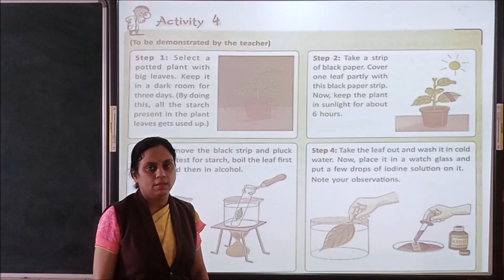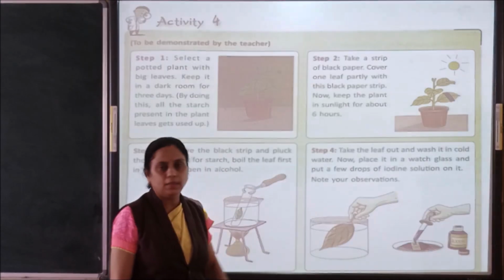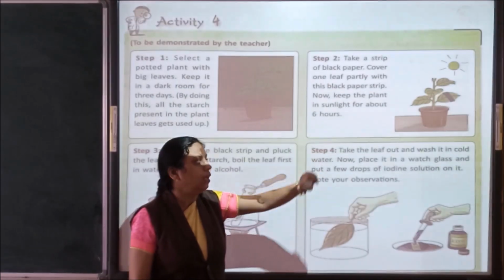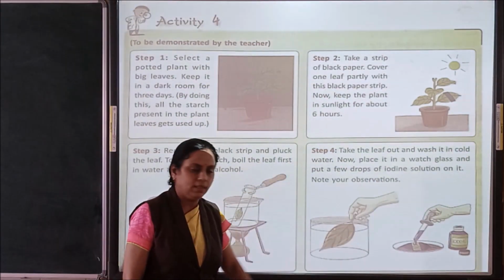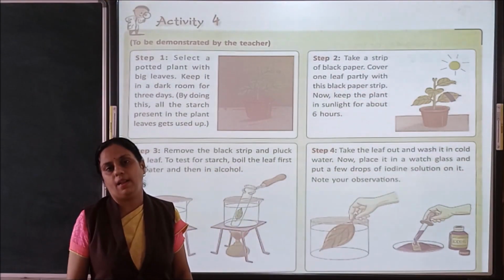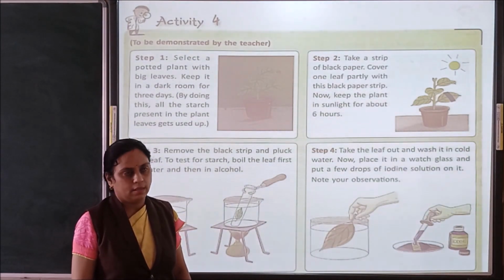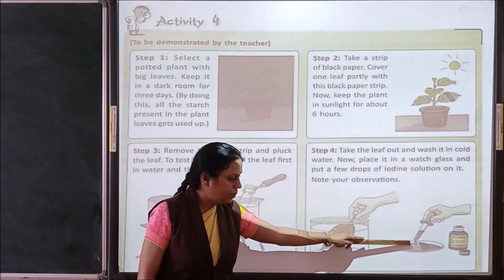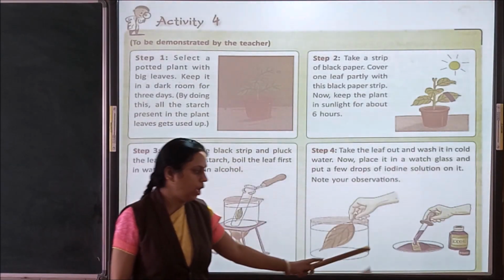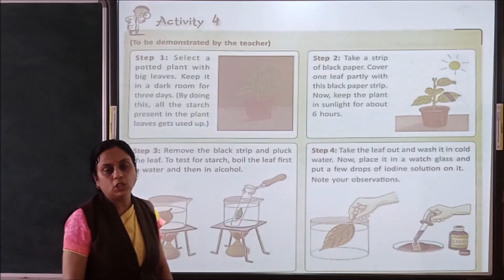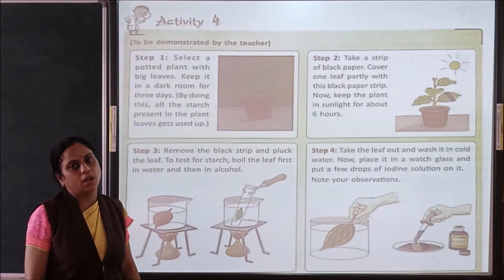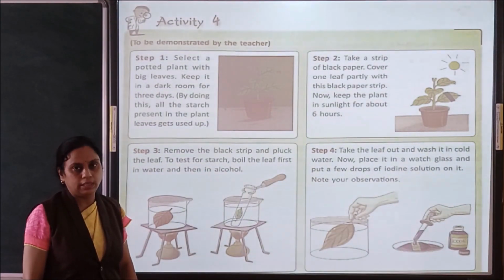Why did this happen? The uncovered part turns blue-black and the covered part remains as it is because that part did not get the sunlight. That's why the covered part does not change into the blue-black color. This shows that sunlight is very necessary for the process of photosynthesis.